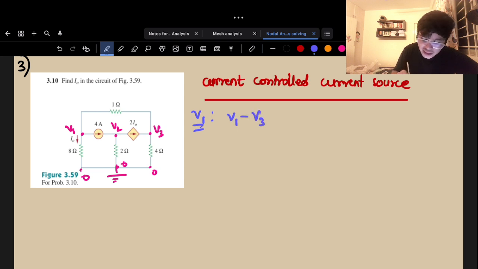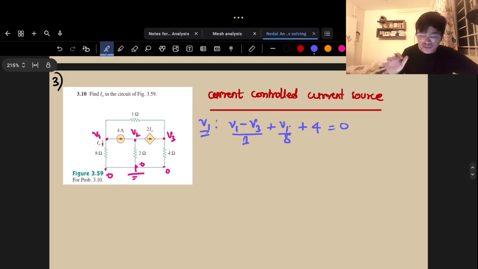(V1 minus V3) by 1, that is delta V by R, is my current leaving through here, and (V1 minus 0) by 8 is my current leaving through here, plus (V1 minus 0) by 8, my current leaving. And one more current, the numerical value is given to me, that is 4 amps. So that should be 0.